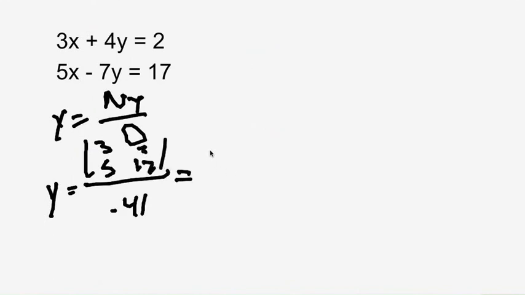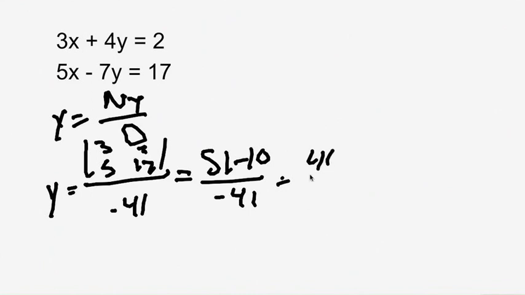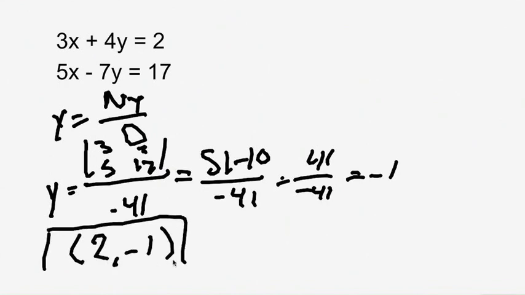That simplifies to 51 minus 10 over negative 41. So 41 over negative 41 equals negative 1. So then our answer for X, Y is 2, negative 1. And that's another way to solve systems of equations.